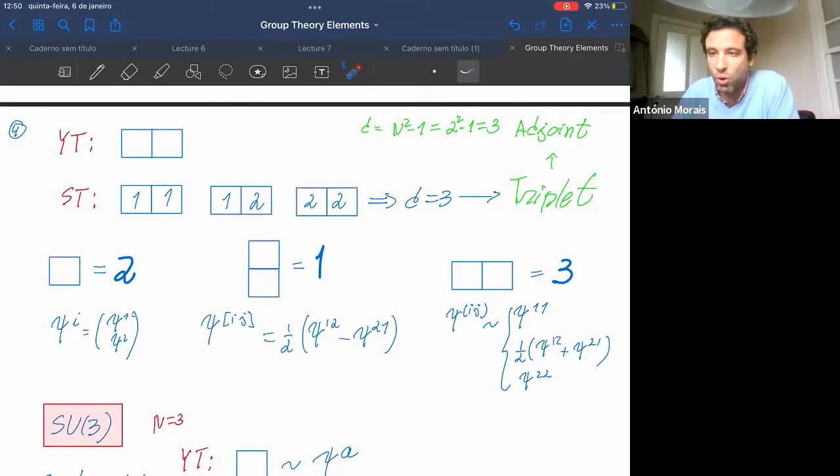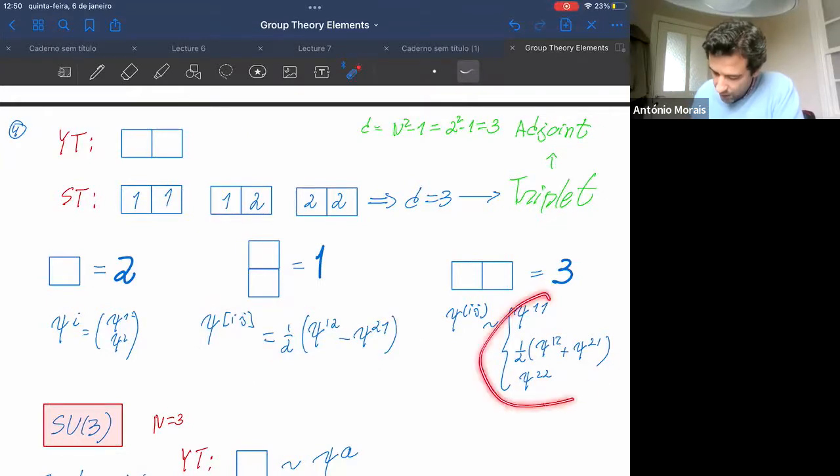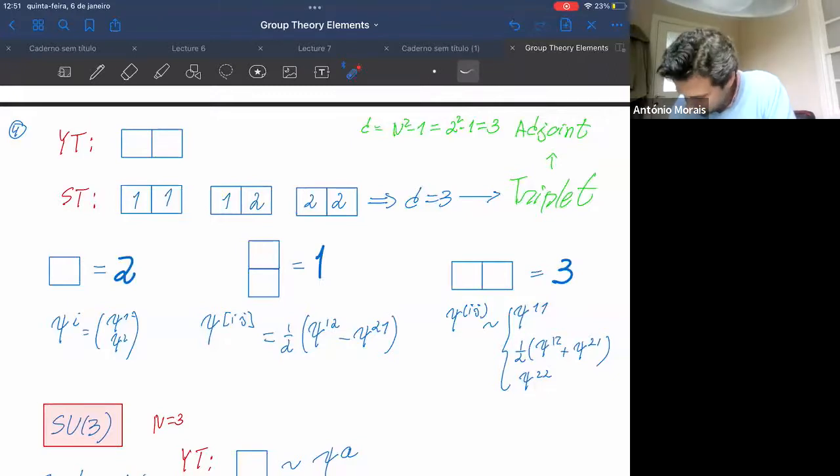If you say there are 2 colors, SU2, 2 colors, so green and red. I prefer green and red because I like green ahead of red always. Then you have one combination that is a singlet and one combination that is a triplet. So you can have red anti-red and green anti-green.